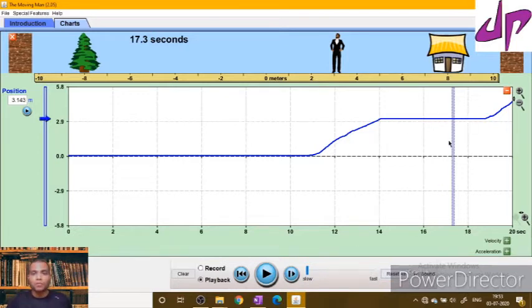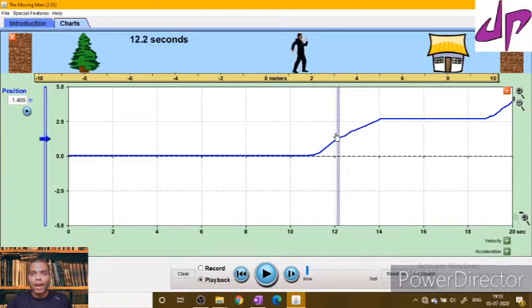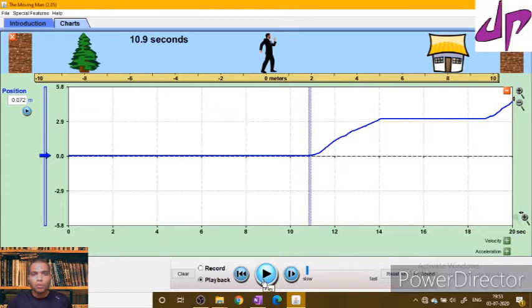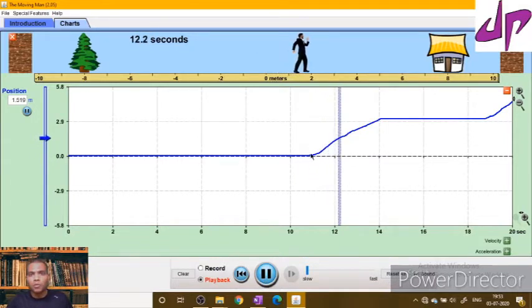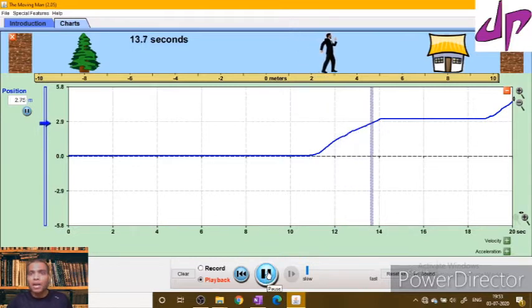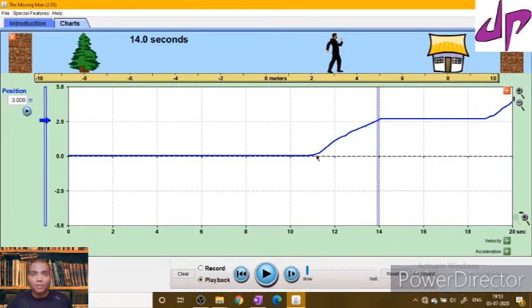But when you come here you can see the person started to move. He is moving forward. Do you observe the shape of the curve here? The shape of the curve is increasing.